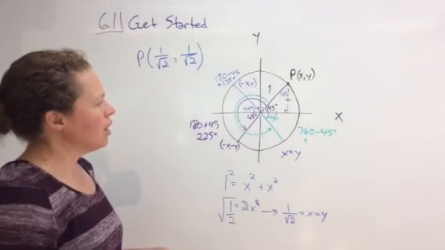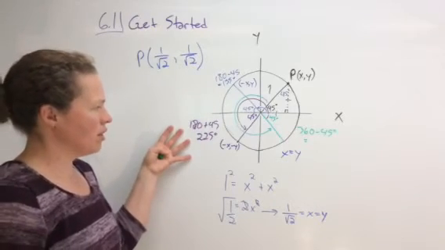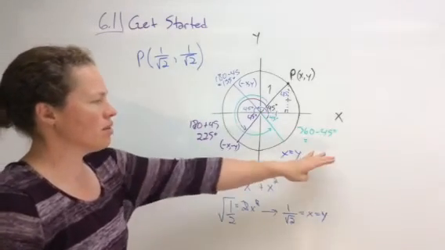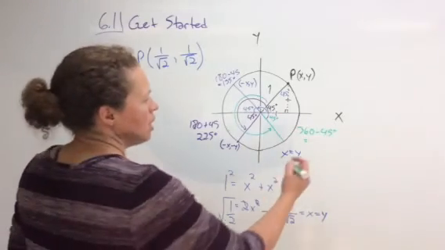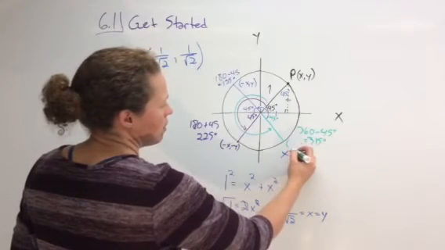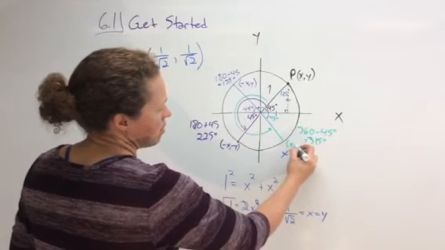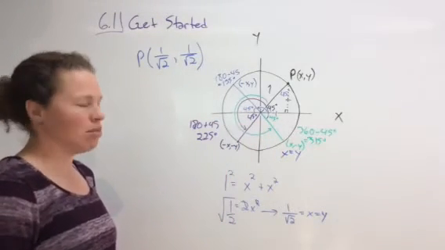This one we're going to go 180 minus the reference angle, this one we're going to go 180 plus the reference angle, this one we're going to go 360 minus the reference angle because of where they're set up. And so this one's going to be 315 degrees, where x is positive, y is negative, but the absolute values will be the same.